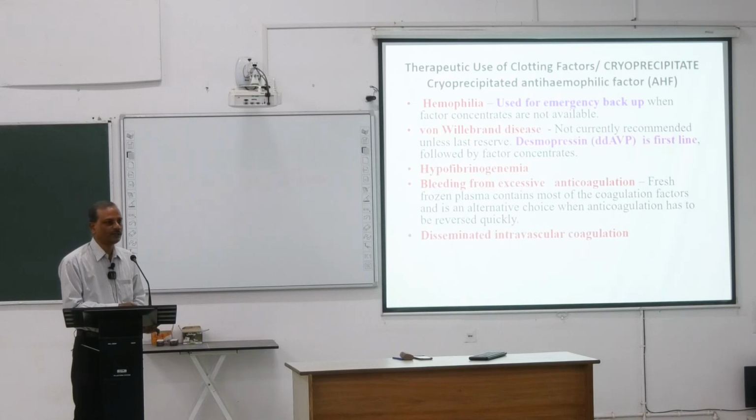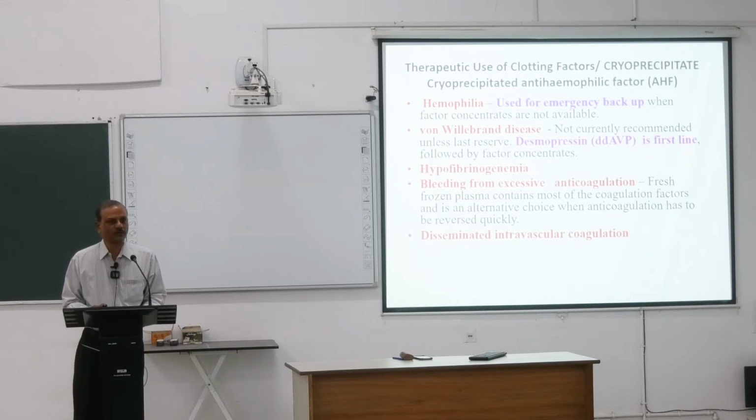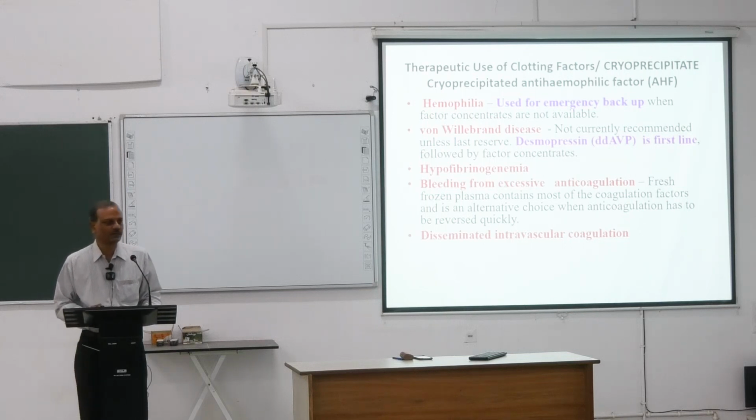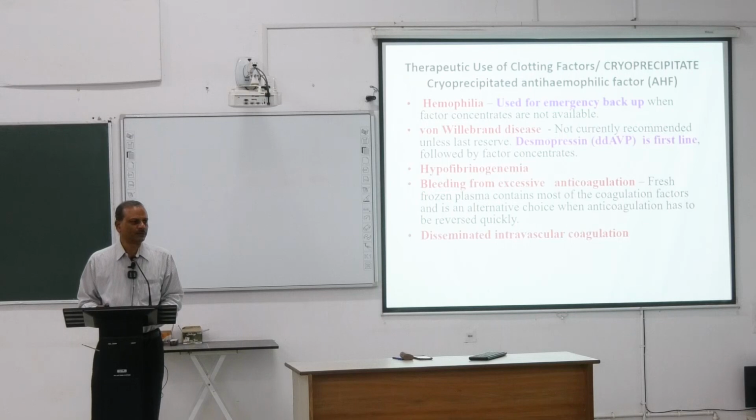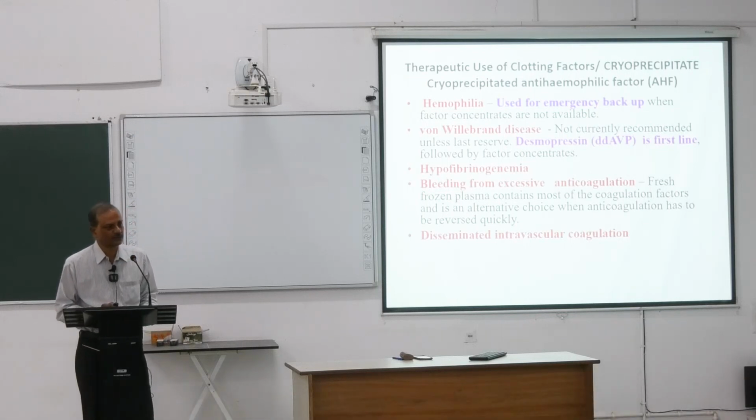And bleeding from anticoagulation: cardiologists are very fond of giving very high doses of anticoagulant drugs to keep the blood fluid so that there is no heart attack. But in course of time, honestly speaking, most of the cardiac patients die from intracranial hemorrhage because of excessive anticoagulation therapy.